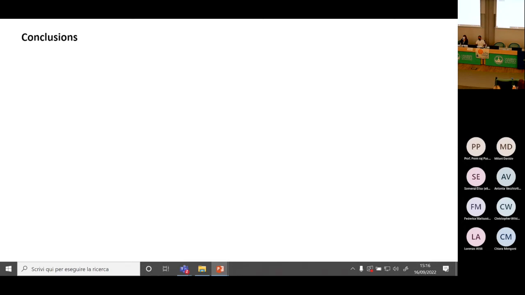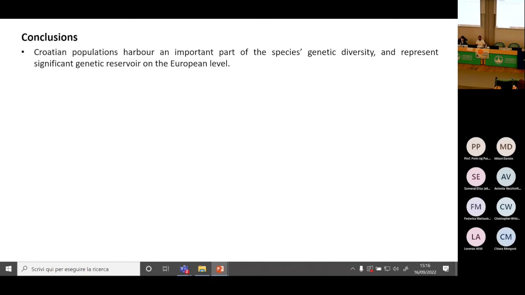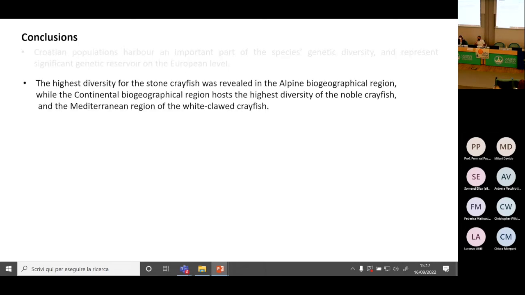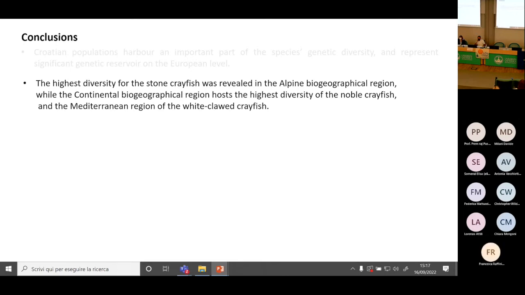So this is the end, and now I will share with you some conclusions. First, Croatian populations definitely harbor an important part of species genetic diversity, and I would say represent a significant genetic reservoir, not just at the Croatian, but also at the European level. I already mentioned it, but I will repeat it.